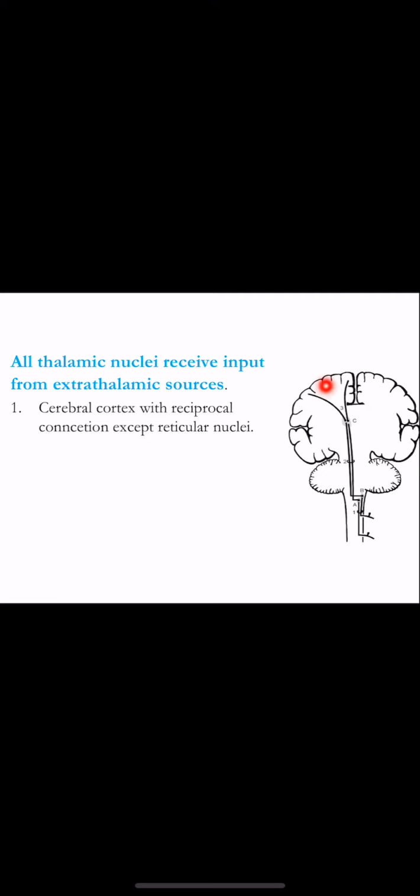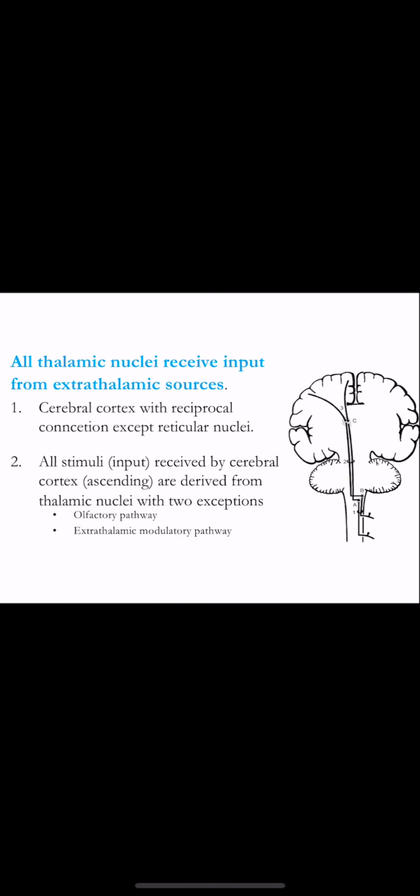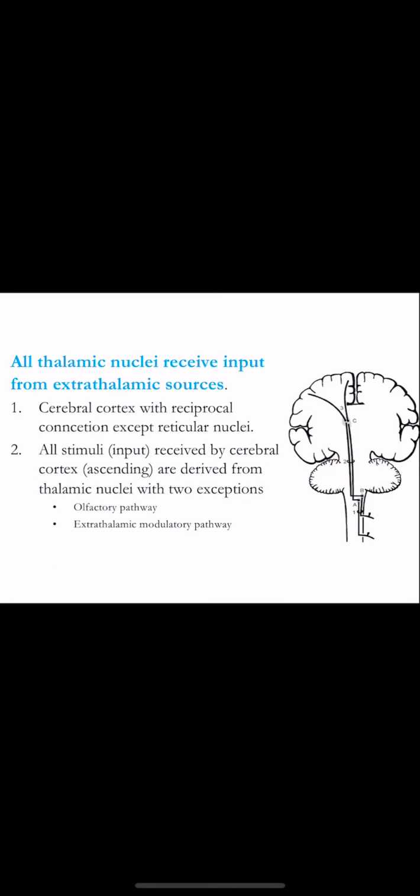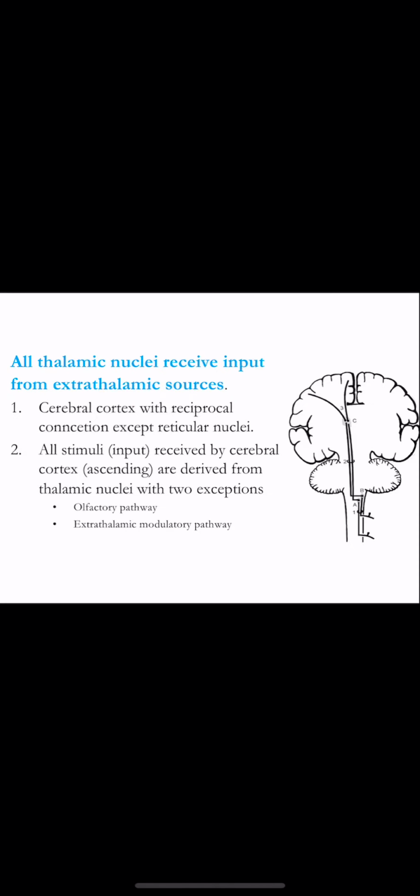Second, the sensory input received by the cerebral cortex from the ascending pathways is derived from the thalamic nuclei, with two exceptions, because the cerebral cortex receives all the ascending pathways after relaying in the thalamus except the olfactory pathway, which is concerned with the smell function, and the extrathalamic modulatory pathway, which do not relay in the thalamus.